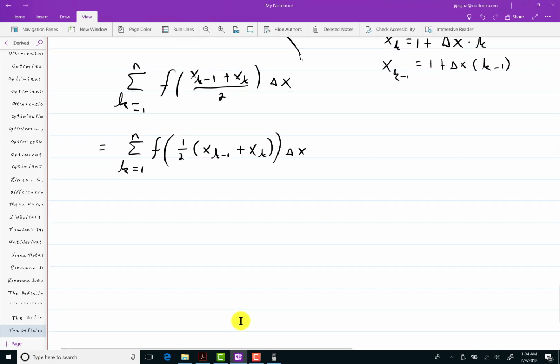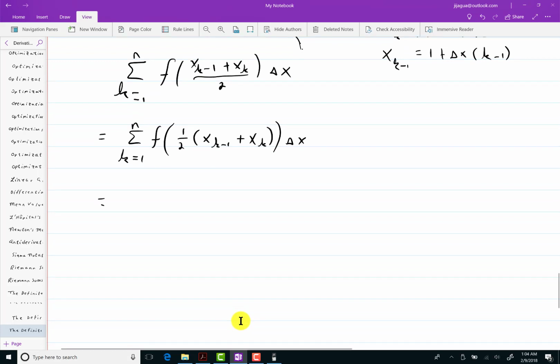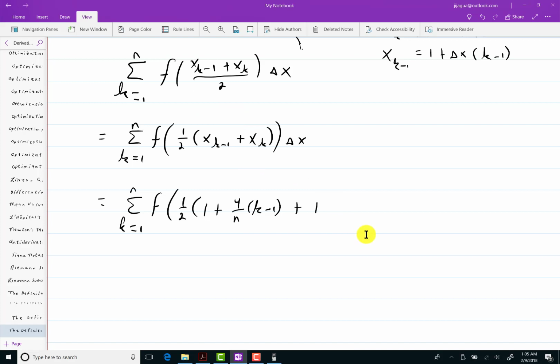Delta x is still 4 over n, so this will equal the sum k equals 1 to n, f of 1/2 times, x sub k minus 1 is 1 plus 4 over n times (k minus 1), x sub k is plus 1 plus 4 over n times k. And then all of that times 4 over n.